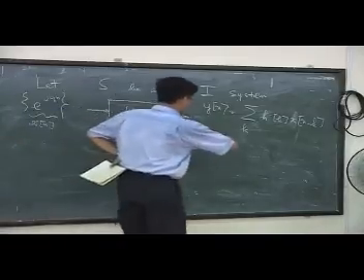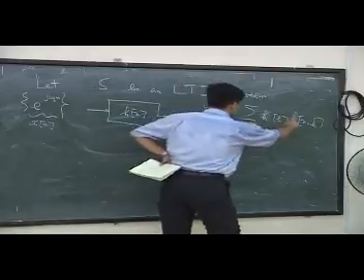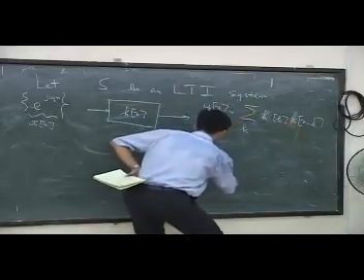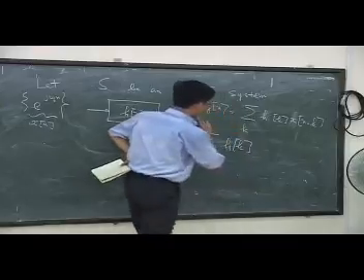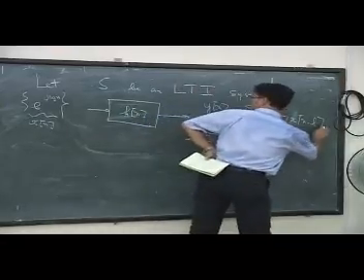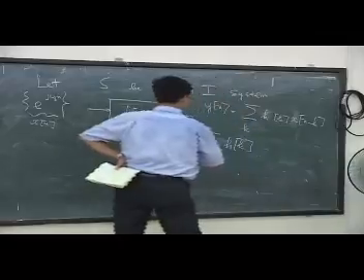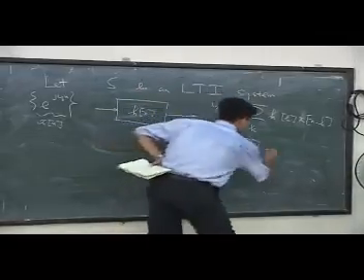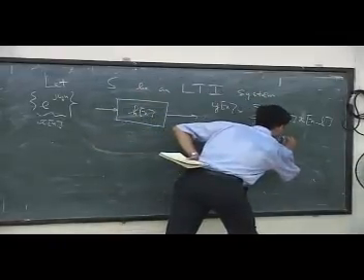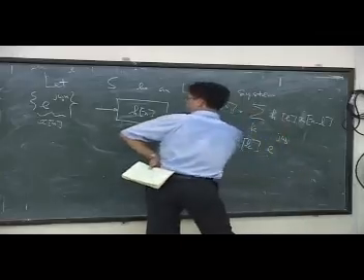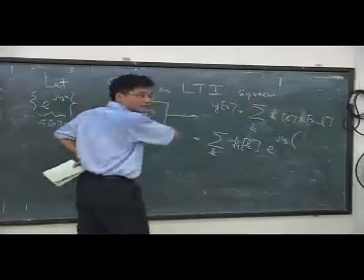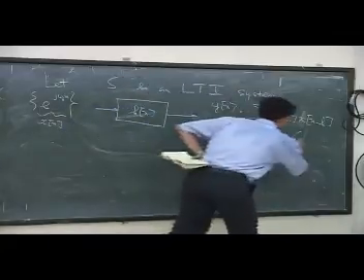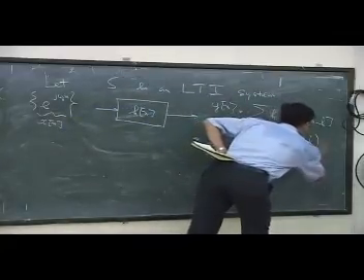And if I have this now, then I have the summation in k of h[k], and now I replace this x[n minus k]. So what is x[n minus k] now? It is e^(j omega naught) with n replaced by n minus k, right?